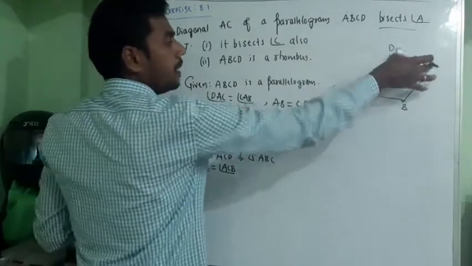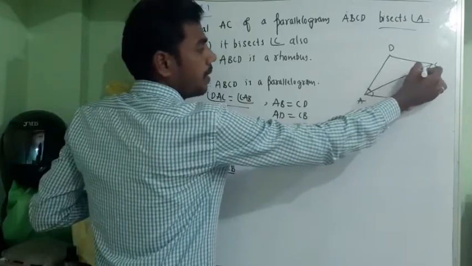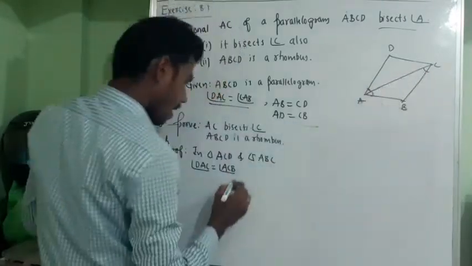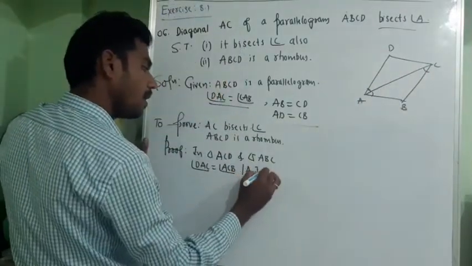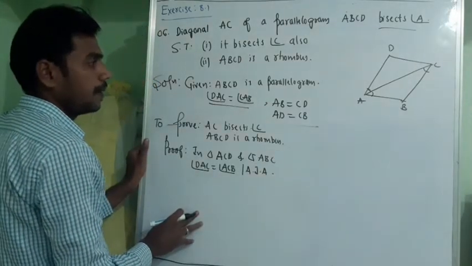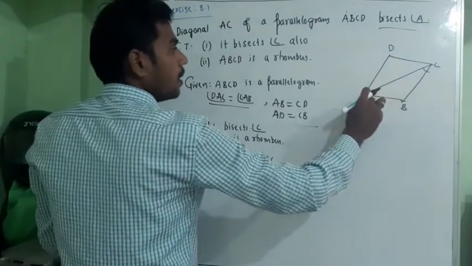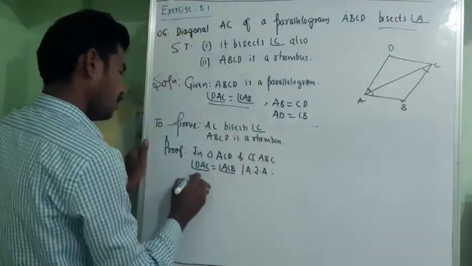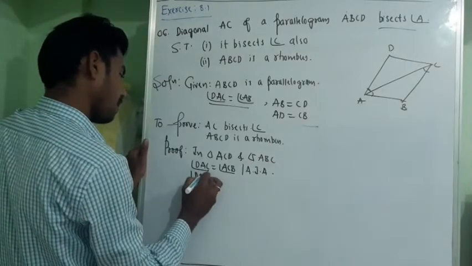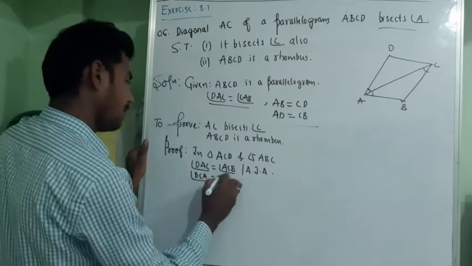Since CD is parallel to AB, these two will be alternate interior angles. Alternate interior angles. You need to write it in full. Next, angle DCA is equal to angle CAB.